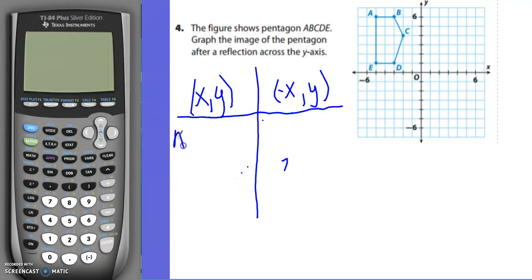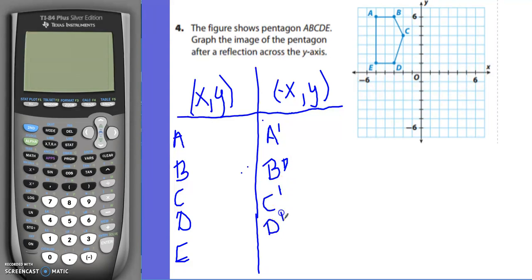So we have A, B, C, D, and E, and we also have A prime, B prime, C prime, D prime, and E prime.